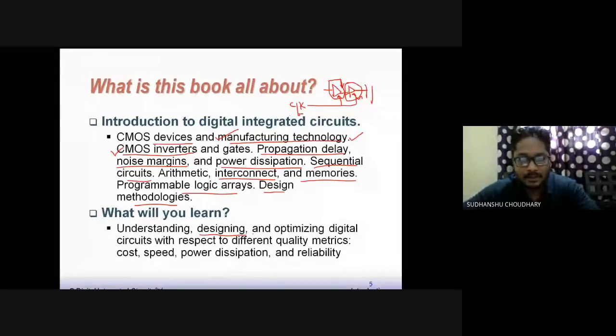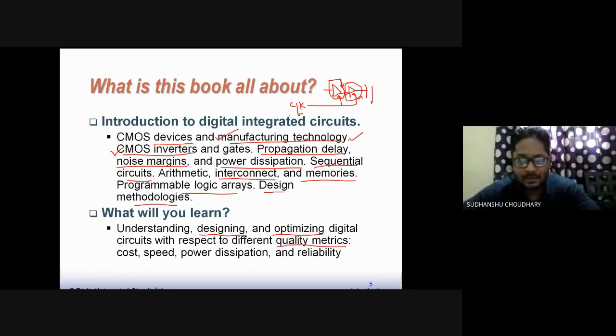For example, somebody says that you have to design a circuit which has a power consumption of at most, let's say, 1 milliwatt, or maybe it has a delay of less than 10 nanoseconds, right? So these are, for example, the power metrics. So we will learn how to design the circuit with these quality metrics, okay? And we'll also learn how to optimize.